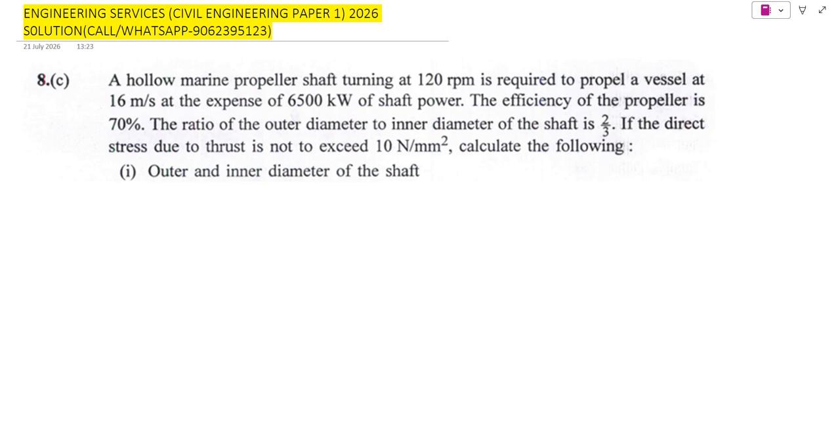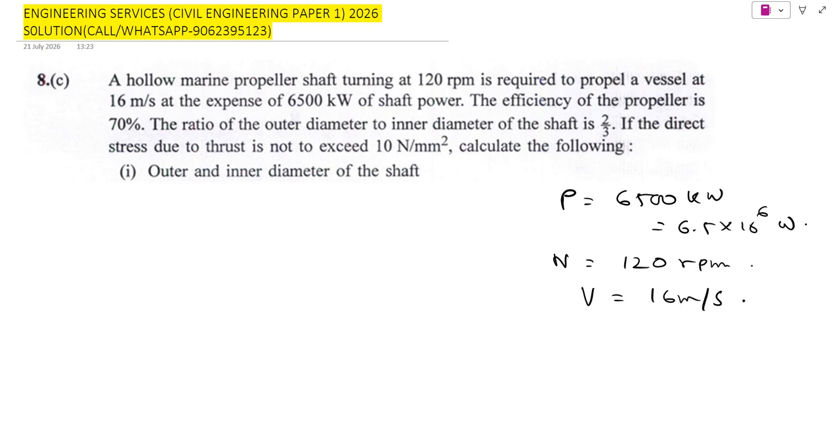Now, given is that shaft power P is 6500 kilowatt. So this is 6.5 into 10 to the power 6 watt. Speed N is 120 RPM. Vessel speed is 16 meter per second.